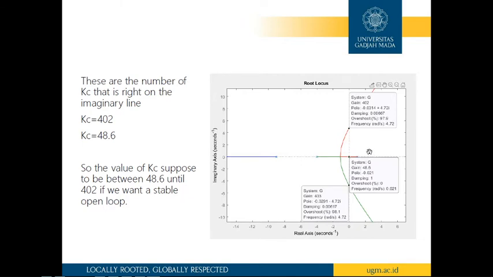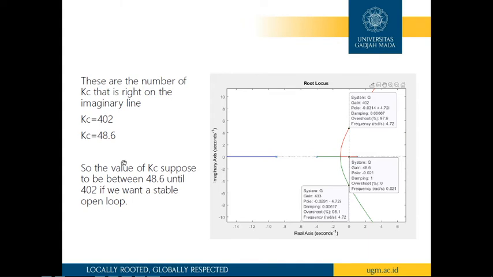The first pole reflects the third one, so they have the same Kc point. The 0.0 coordinate has a different Kc point of 48.6, and the first and third have a Kc of 402.